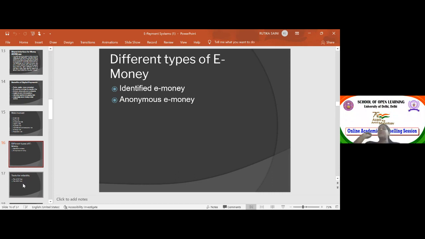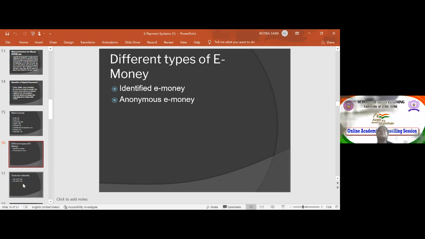But when you transfer cash from one place to another, suppose I am giving you 10 rupees or 500 rupees, you cannot identify where it came from to me, and I cannot identify where it would go after giving it to you. That means it becomes anonymous.